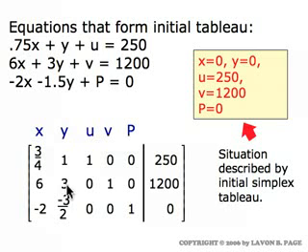If you block out the X and Y columns, then the first row would say 1 times U is 250, 1 times V is 1200, and 1 times P is 0. So that corresponds to X equals 0, Y equals 0, and profit being 0, which if you think about a geometric picture of the solution process simply says you're at the origin.